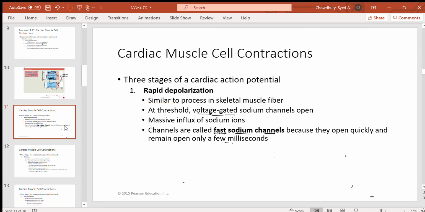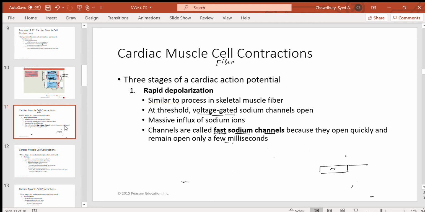So here, if I want to see the cause of depolarization, plateau and repolarization, this is a cardiac muscle cell or cardiac muscle fiber, same thing. Cell or fiber, same thing.